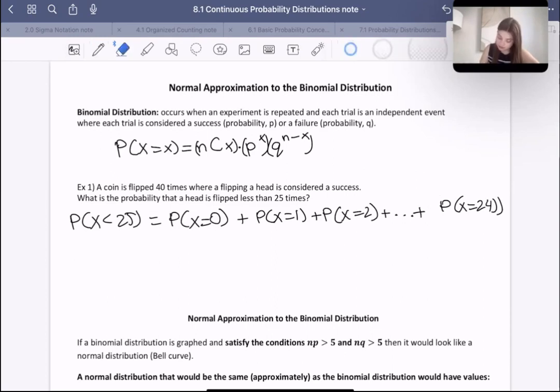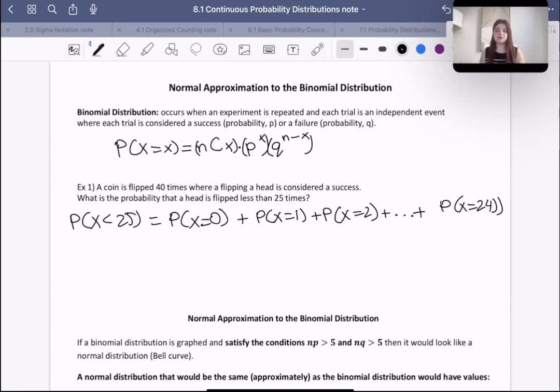The other way to do this is to add up the converse, the probabilities from 25 up to 40, which would be a few fewer probabilities, and then subtract that from 1 to get the answer. However, calculating all of these would be very time consuming.